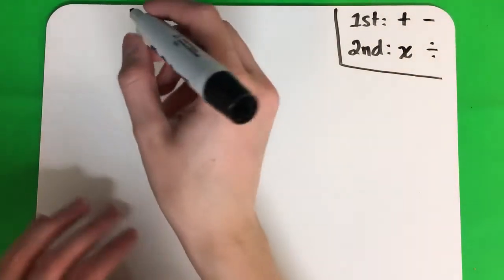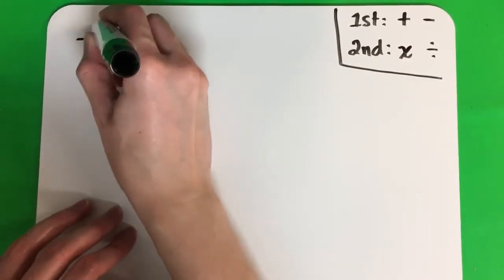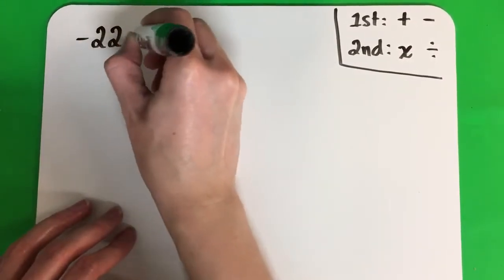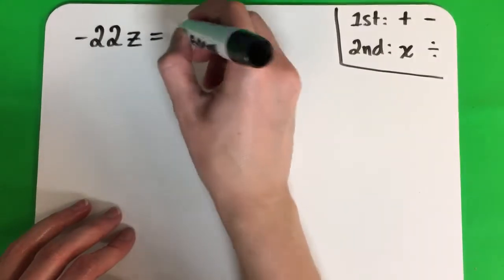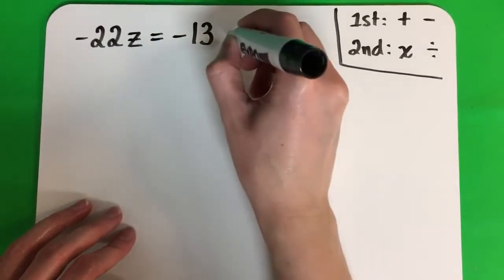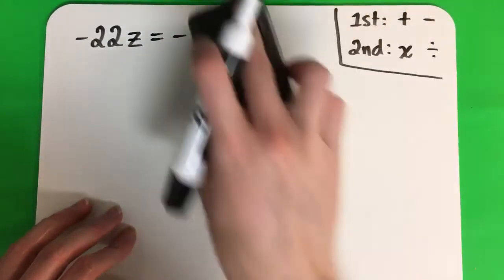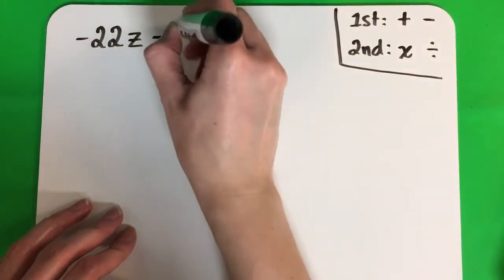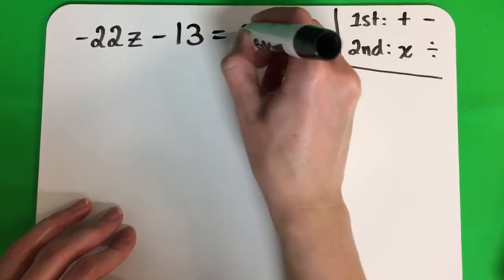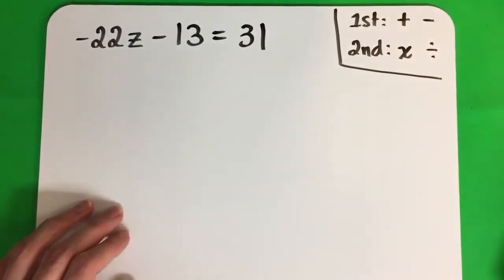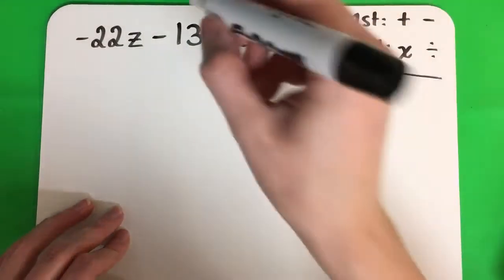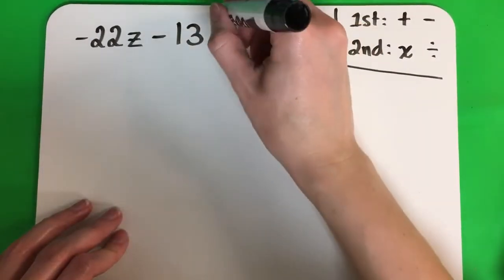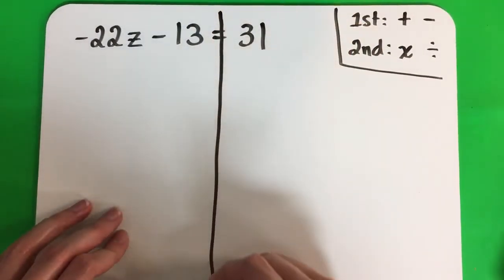First one: negative 22z minus 13 equals 31. The first thing you will do is draw a line on the equal sign.